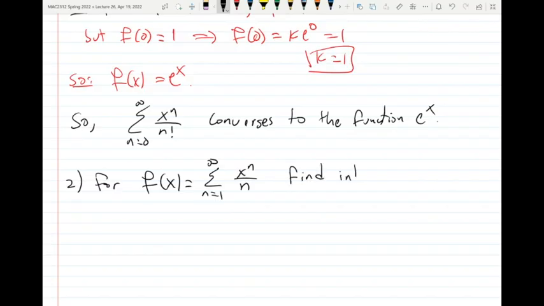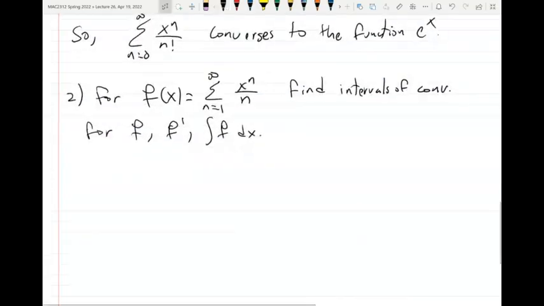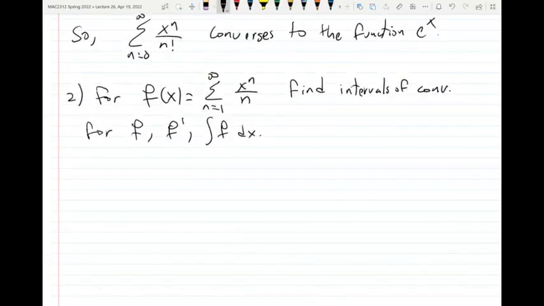So find intervals of convergence for the function, its derivative, and the integral. So let's find the interval of convergence for these 3 guys, and then let's see how they behave, to see how they change, if there are any changes. Okay, so let us analyze the original one.